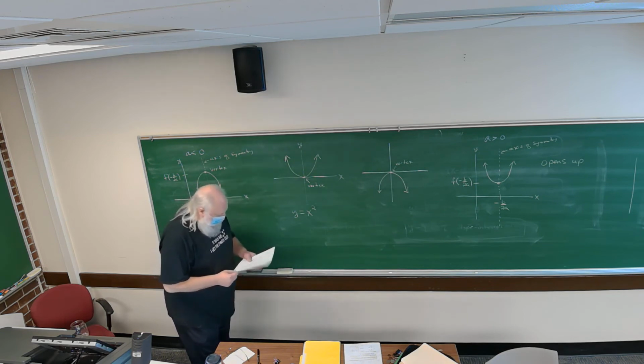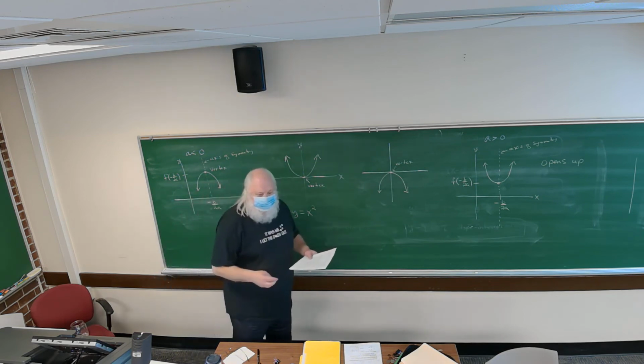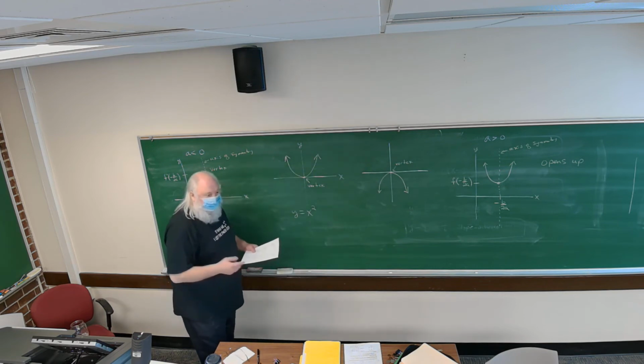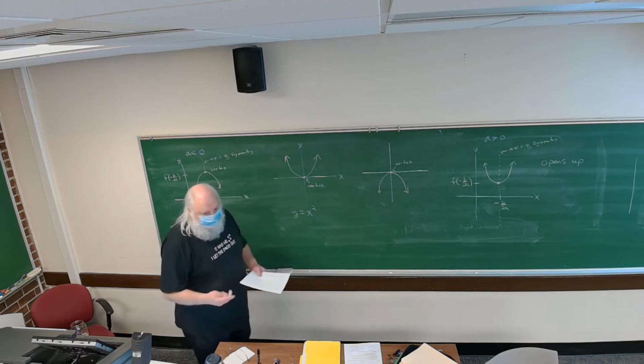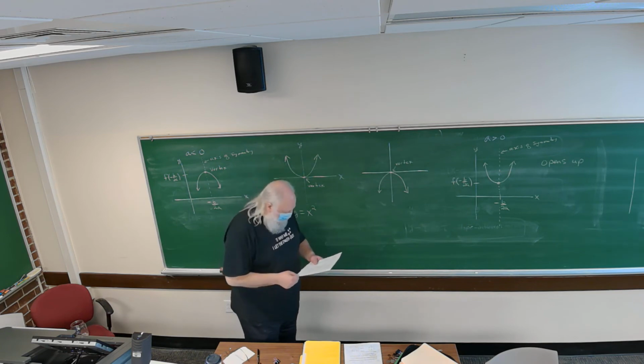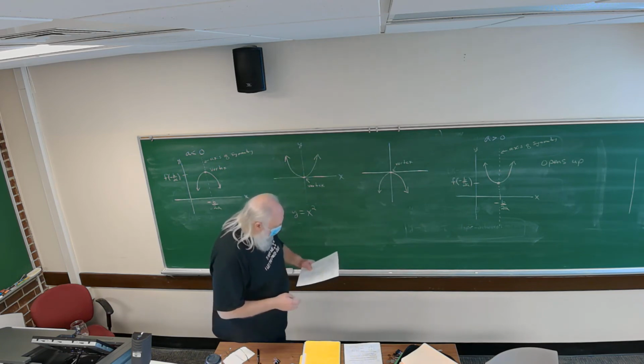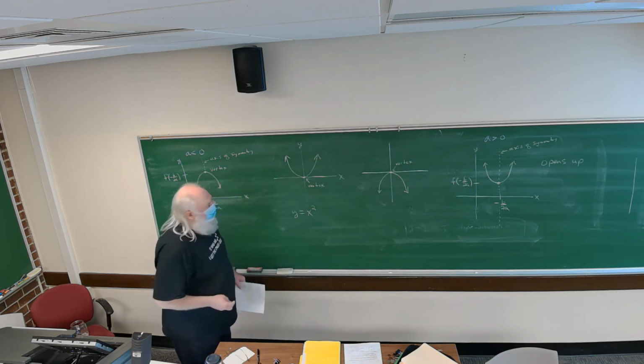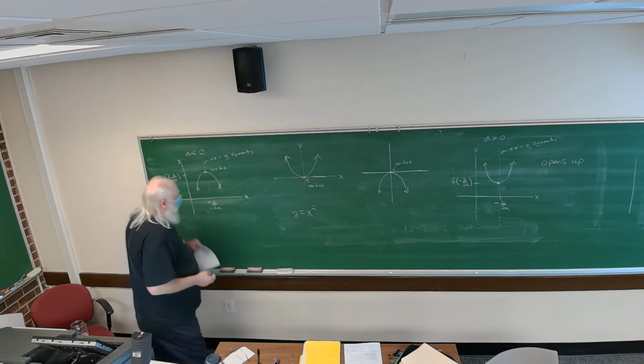All right. So you remember when we did the equation of a circle, we had standard form. You had to use complete the square to write the standard form. Well, we also have standard form with quadratic functions.